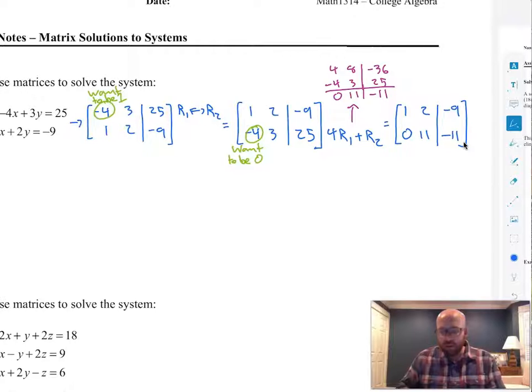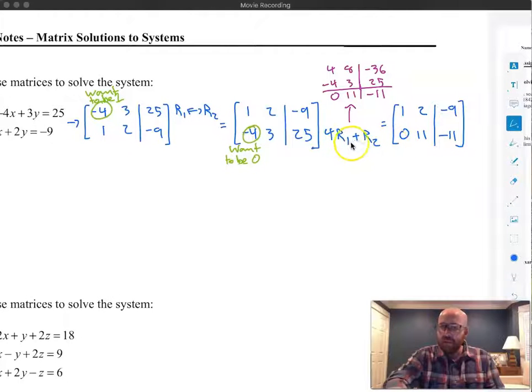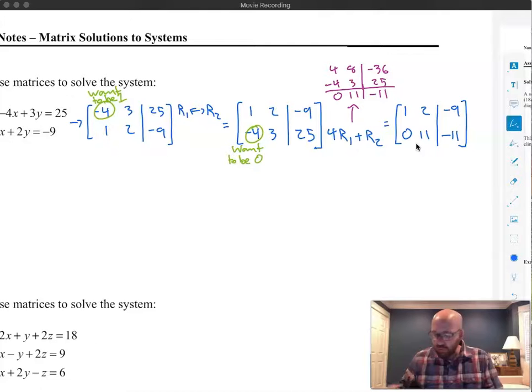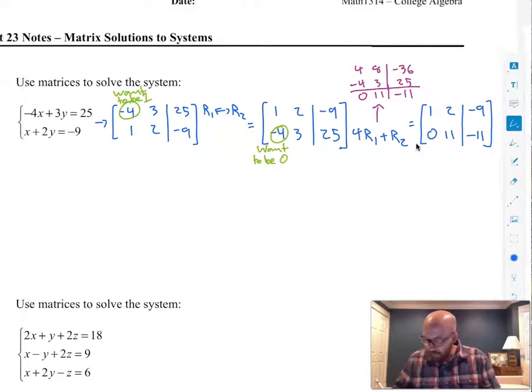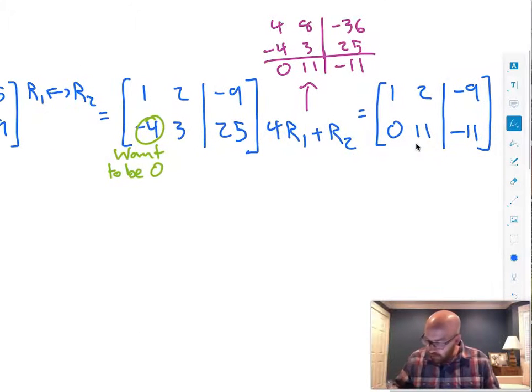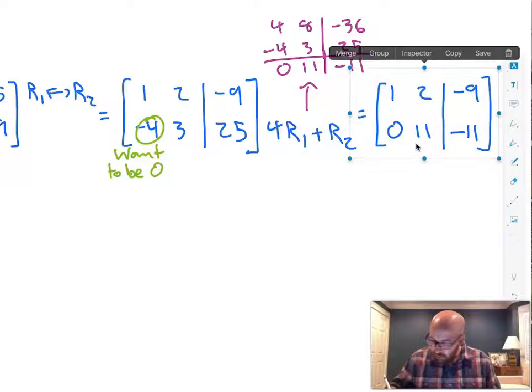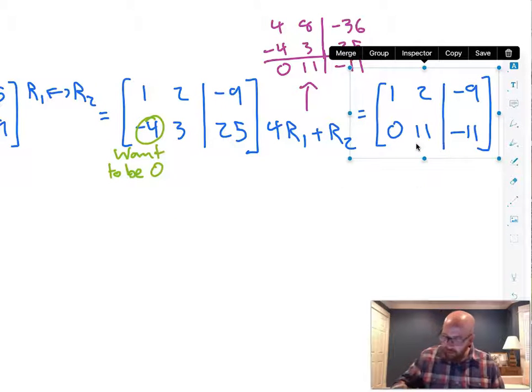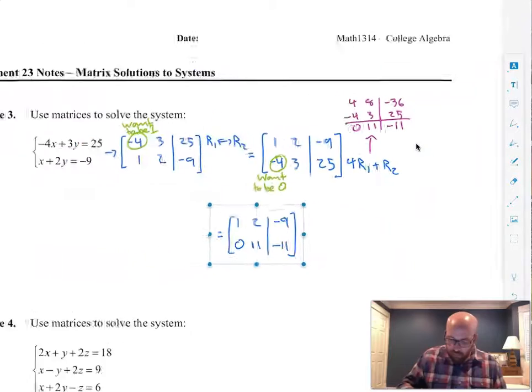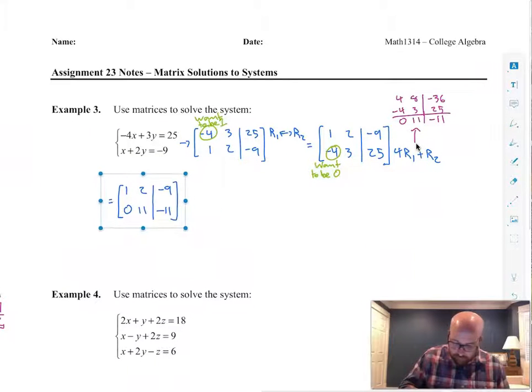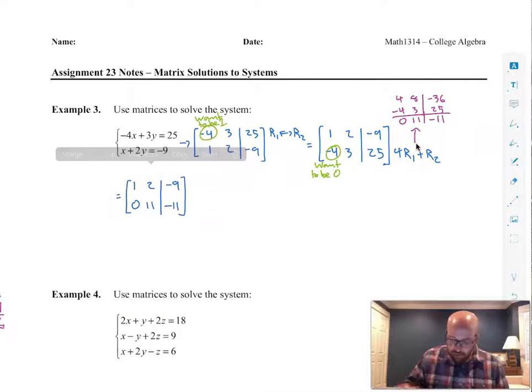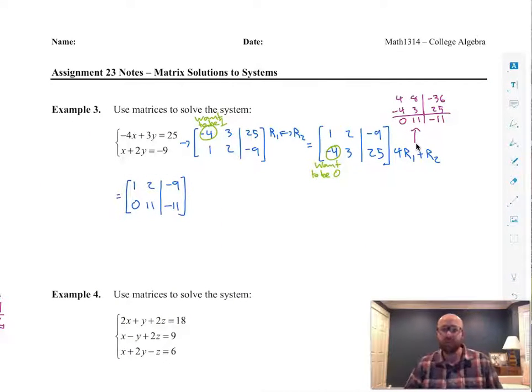Another way you could have done this is you could have written your row operation here and then written the result down below. In fact, I'm going to use technology to my advantage here. I'm just going to take that and move it down here. Isn't technology amazing? All right, there we go.